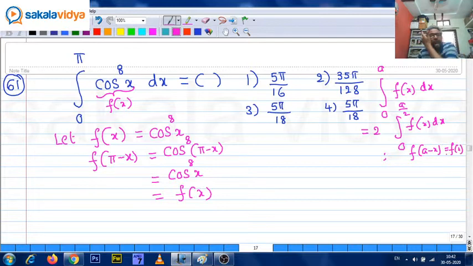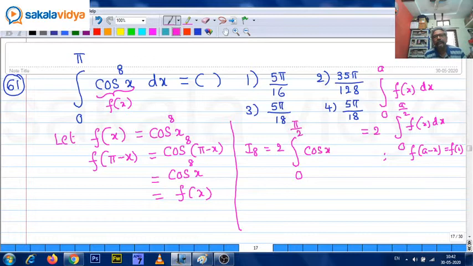Using this condition, we can write this I8 as 2 times integral 0 to pi by 2 of cos x to the power of 8 dx. And now tell me, what shall we do?